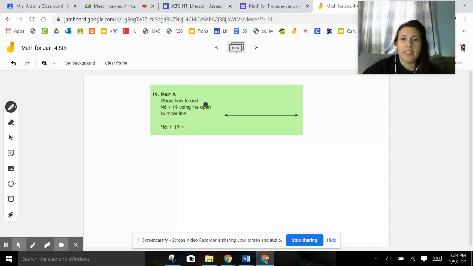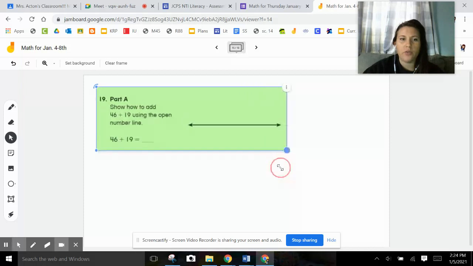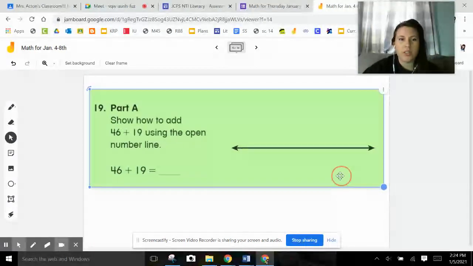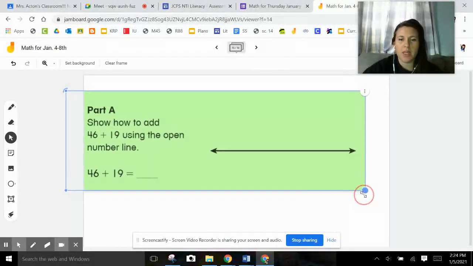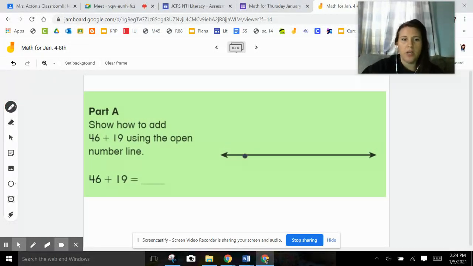All right, the next one is a number line. I'm actually going to make this a little bit bigger. So show how to add 46 plus 19 using an open number line. I'm going to try to make this number line as big as I possibly can. So the equation that we want to do is 46 plus 19. We just follow along with that equation. We start with the number 46, and then we add up the number 19.